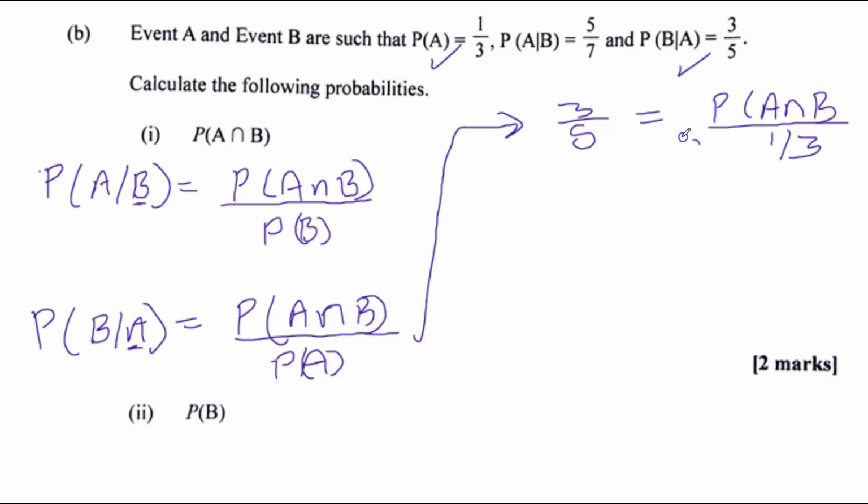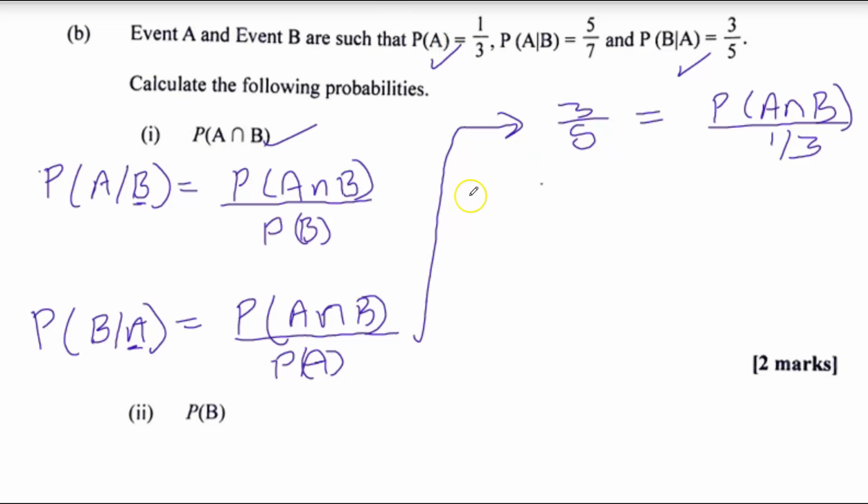Alright, so we can simply cross multiply here. Well, we can simply multiply both sides by 1/3. So we're just solving for A intersect B. So multiply the left hand side by 1/3. Let me just write it separate.